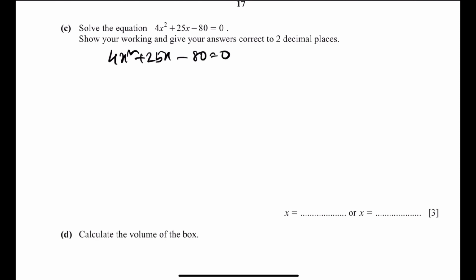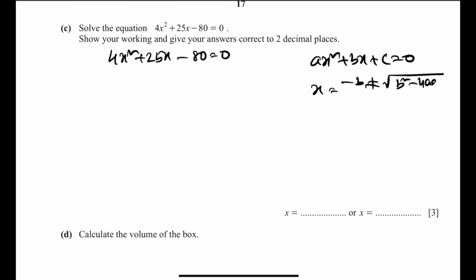Since it cannot be solved by normal factorization, we can use quadratic formula, that is ax square plus bx plus c equals to 0, x equals to minus b plus or minus root over b square minus 4ac divided by 2a.